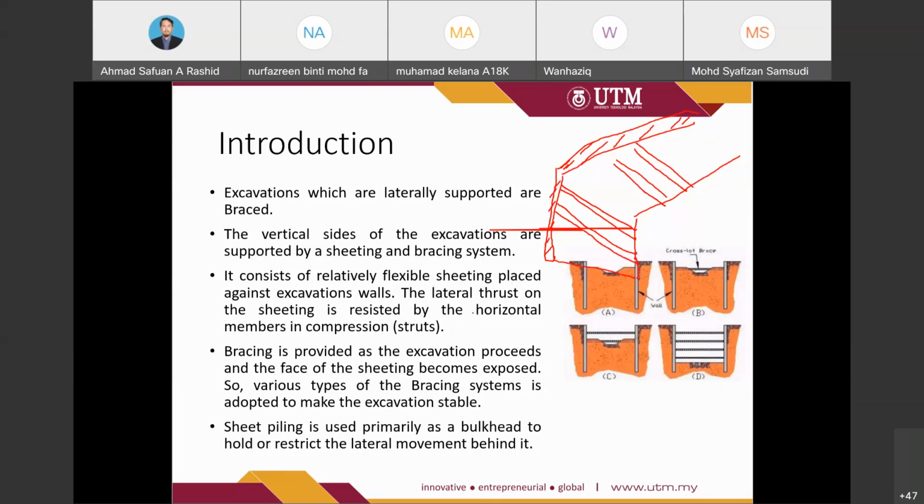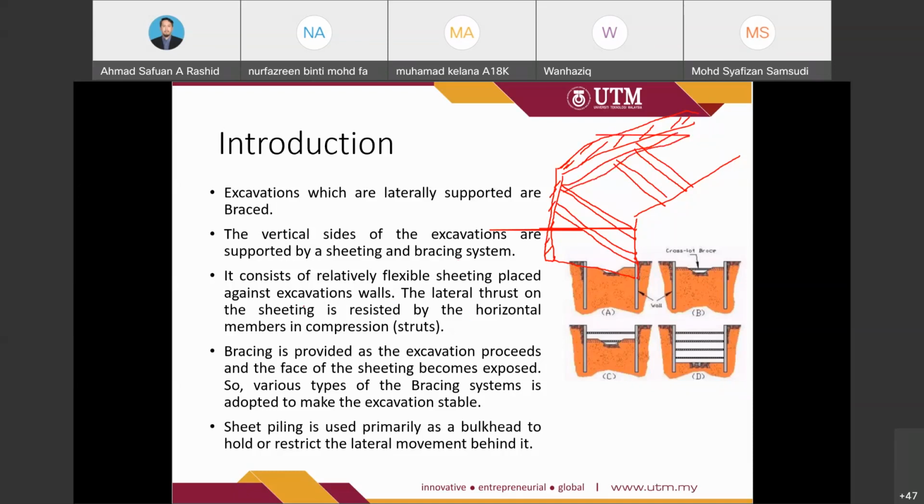The lateral thrust on the sheeting is resisted by the horizontal members in compression. So for every brace, they provide what we call a strut.